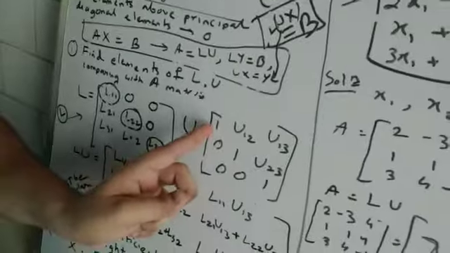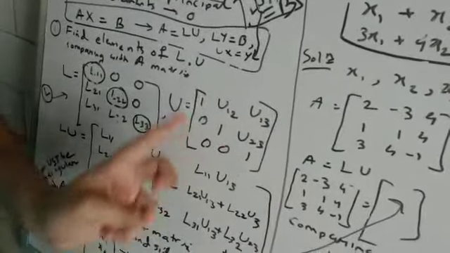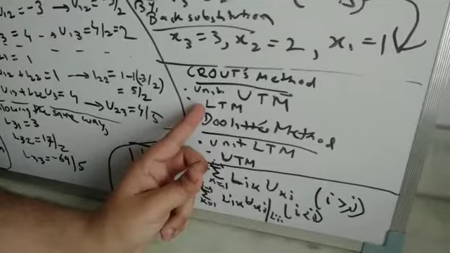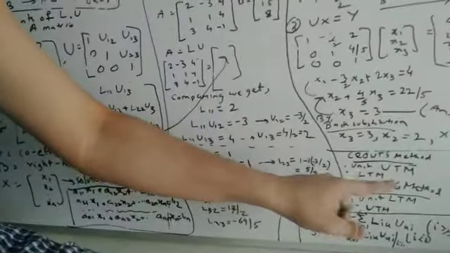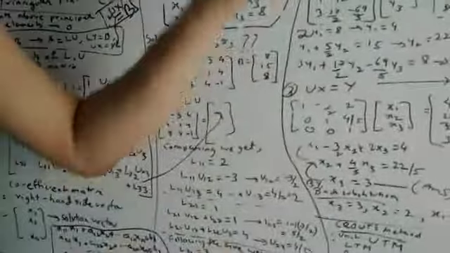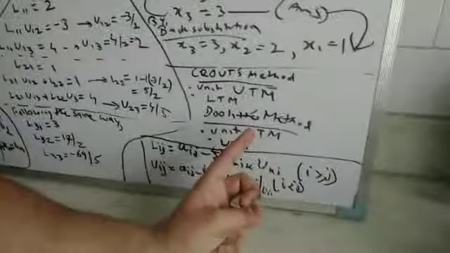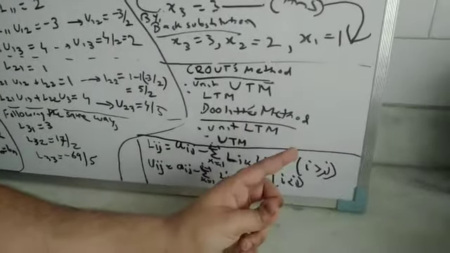And in Crout's method, LTM is basically lower triangular matrix. So if in the exam they say Crout's method, that means this same thing, what I have done. Fine. Sometimes they will ask like this, Doolittle's method.